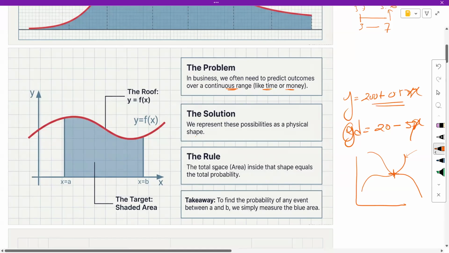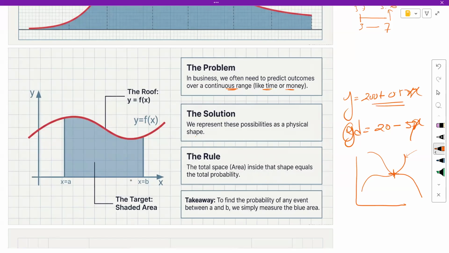The rule: the total space, the area inside the shape, equals the probability. Here, in the normal distribution, we find probability based on the area under the curve.